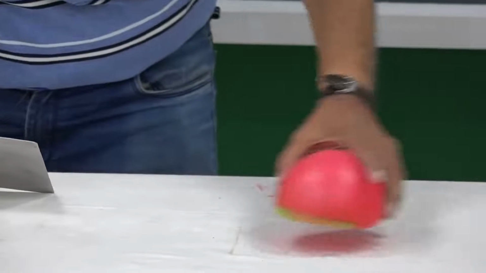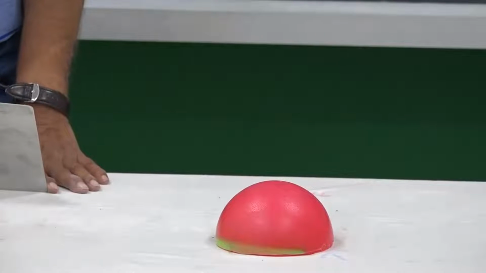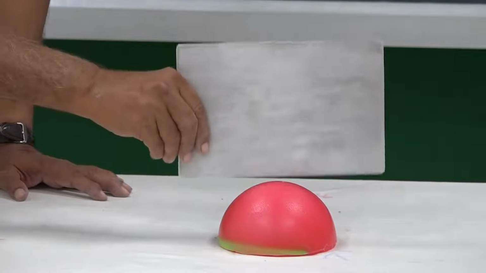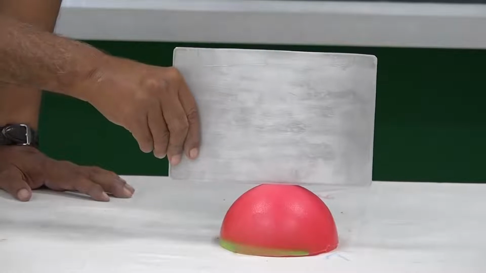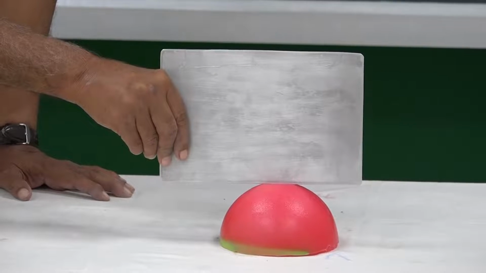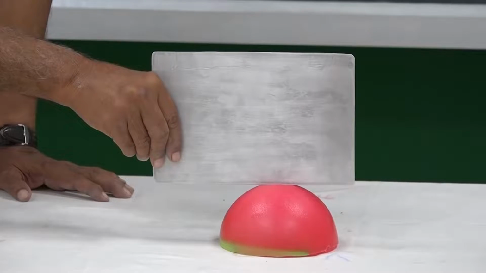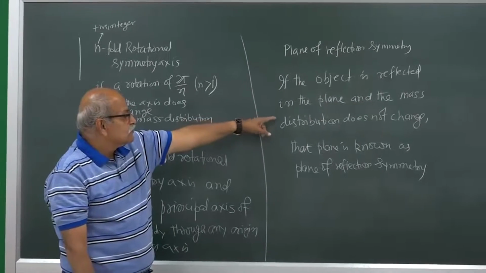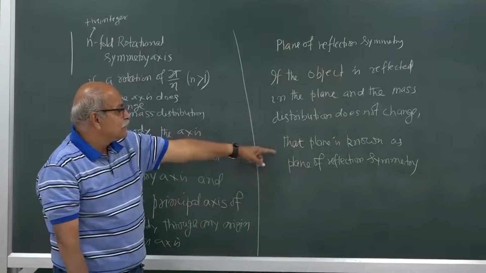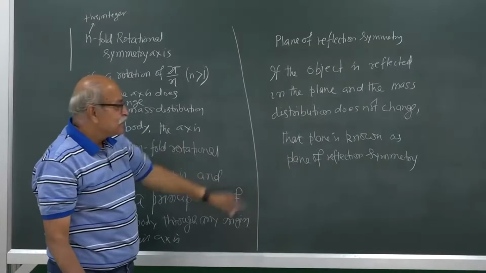Similarly, if you consider this hemisphere, and then you draw a plane like this or this or this, this plane is a plane of reflection symmetry. So, if the object is reflected in the plane and the mass distribution does not change, that plane is known as plane of reflection symmetry.